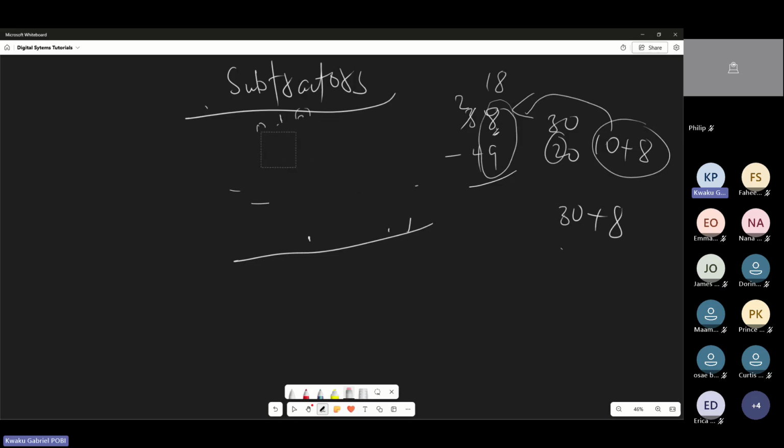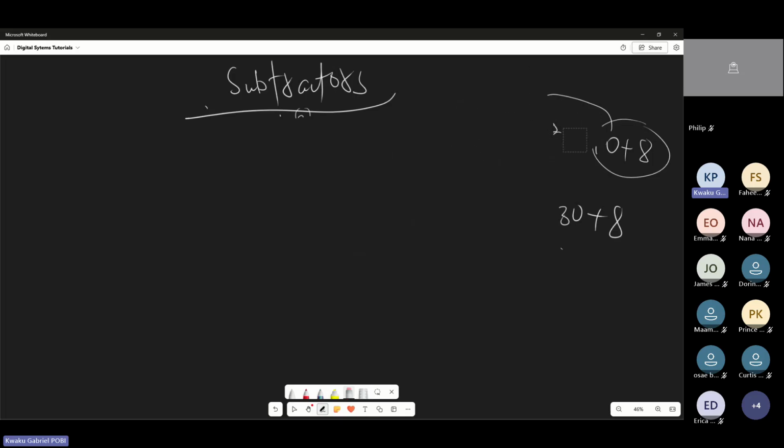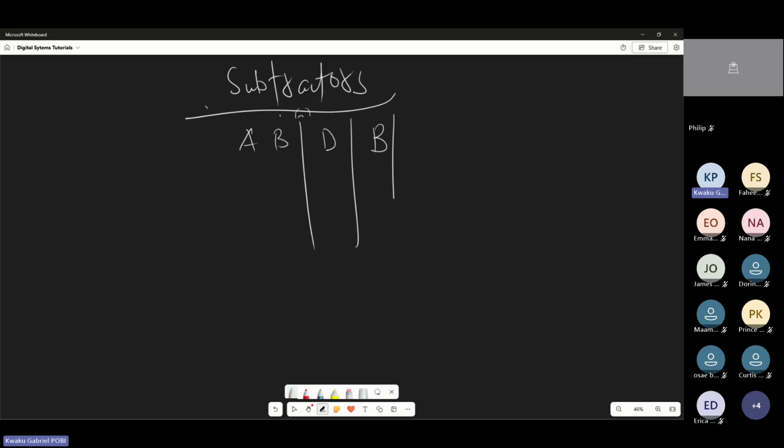So here too, just like what we're doing in the others, we'll have a difference here because you are finding the difference between two numbers in this case. So you have difference, D, and then you have borrow. If you are supposed to borrow, you have a borrow there.